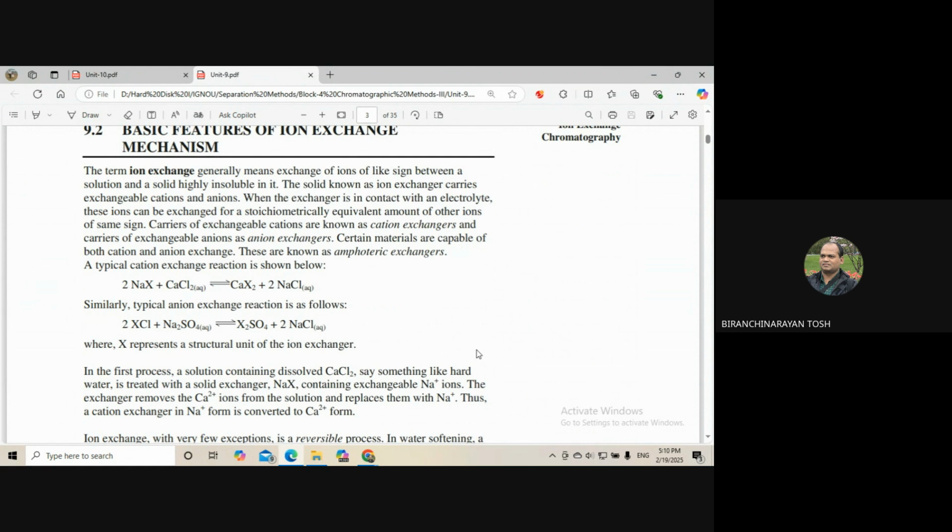It's a simple criterion. But in the case of what we are using for ion exchange chromatography, here we have to separate the substances.